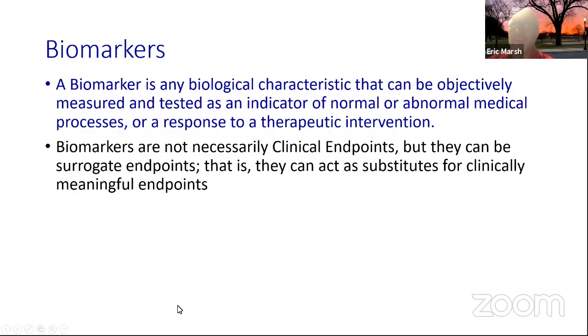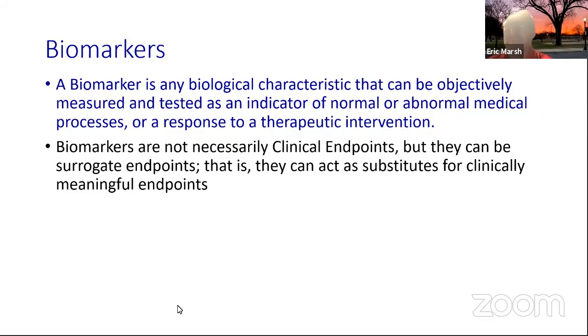So a biomarker is any biological characteristic that can be objectively measured and tested as an indicator of both normal and abnormal medical processes or a response to a therapeutic intervention. Biomarkers aren't necessarily an endpoint of a study, as in what a clinical trial would look for, but can be used in parallel with one of those endpoints.